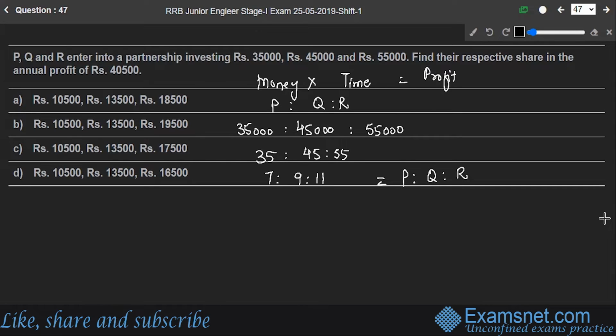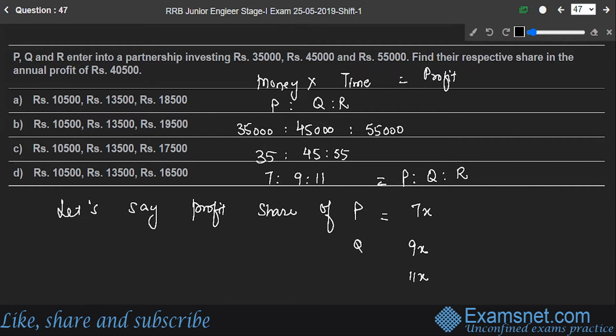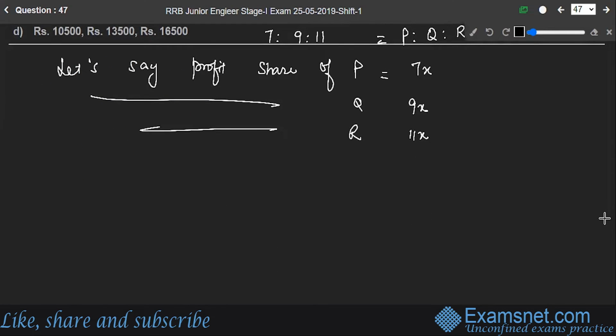Correct? Now, let's say profit share of P is 7x, Q, and R. They are having 7, 9, and 11x respectively.